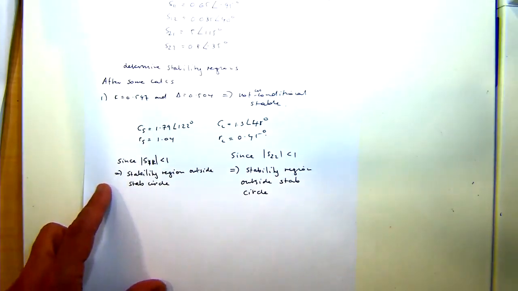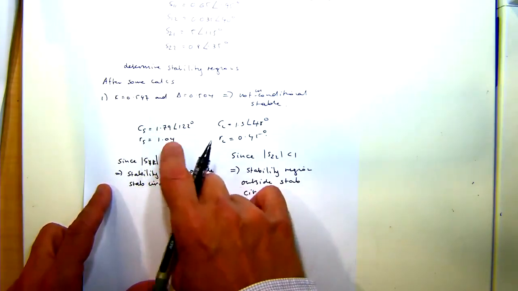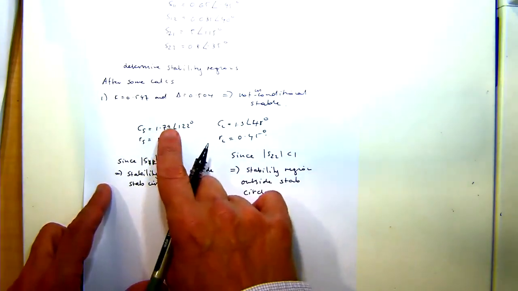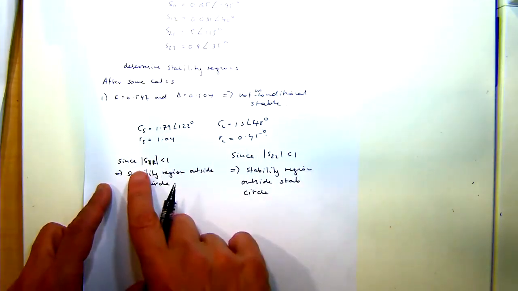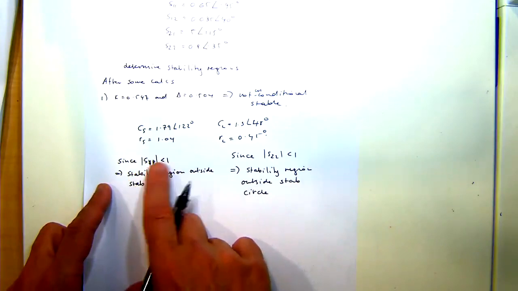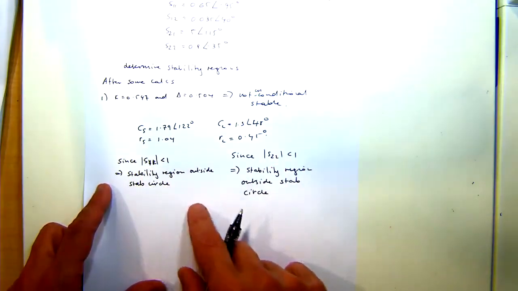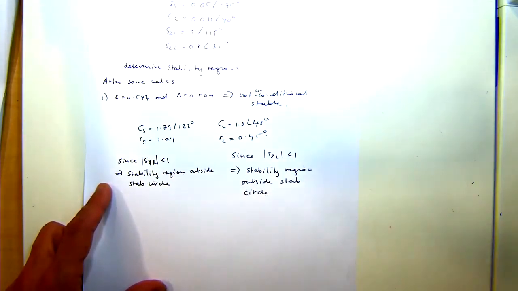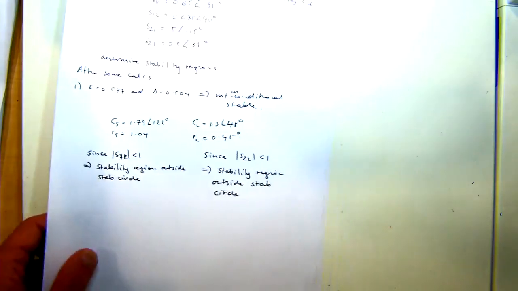So we've now corrected that. So the CS and RS, which are the center of the source circle and the center of the load circle, appropriately are defined by S11 being less than 1 and S22 being less than 1, and this tells us which part of the circle is the stable or unstable region.